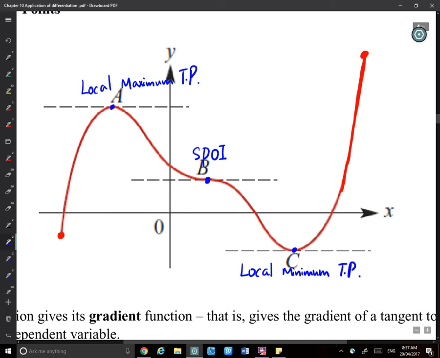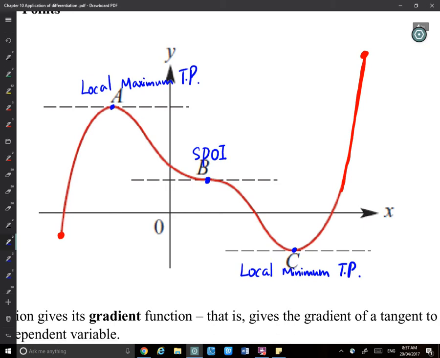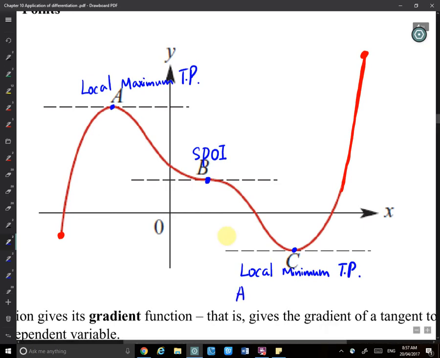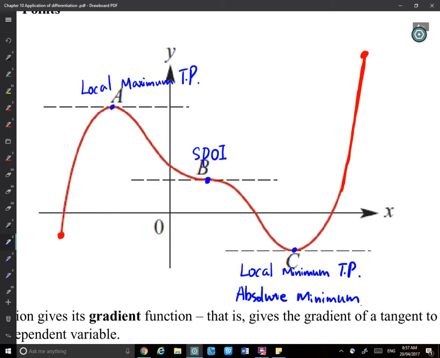It is also the minimum point, the lowest point in this graph, so this is also the absolute minimum. In this case, it's the local minimum and also the absolute minimum, because it's the turning point and it's also the lowest point in this graph.